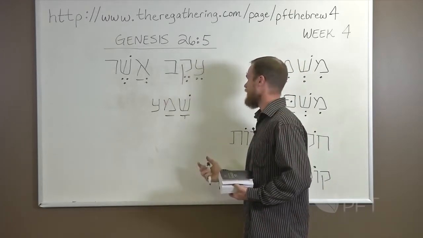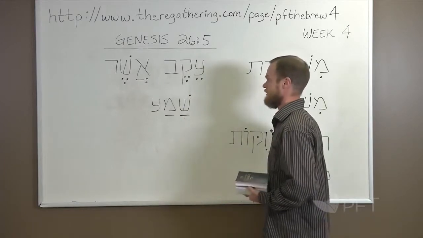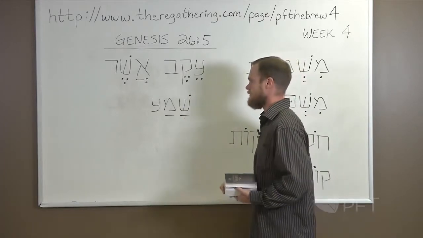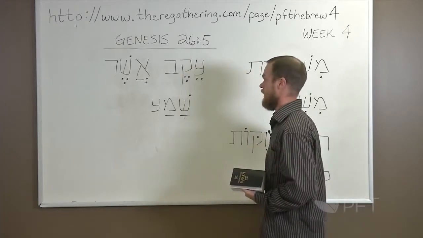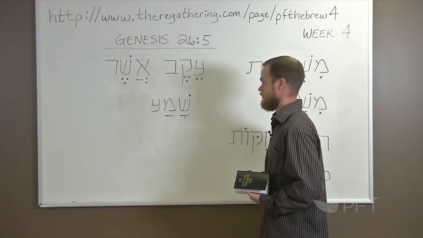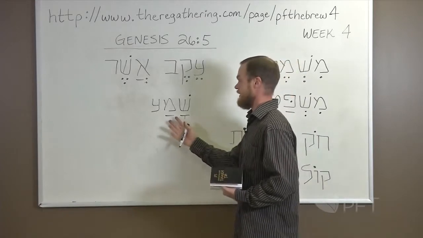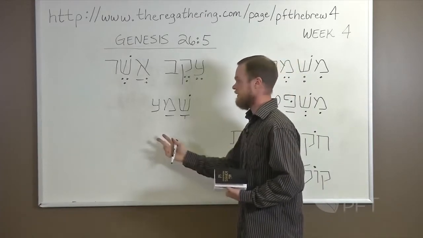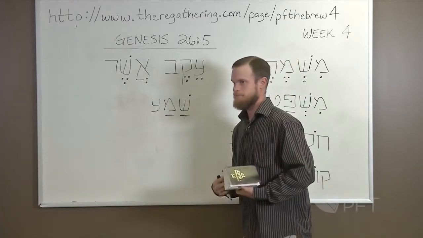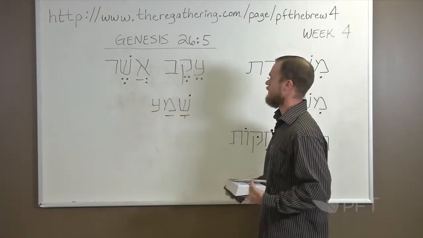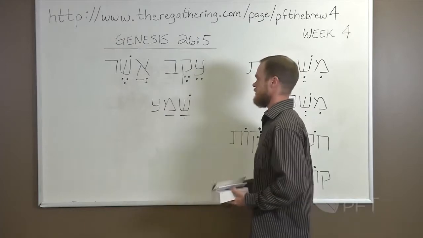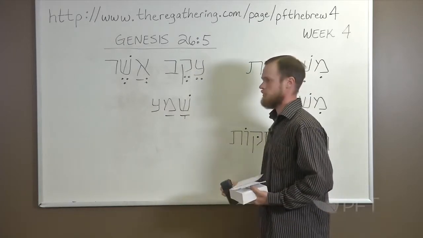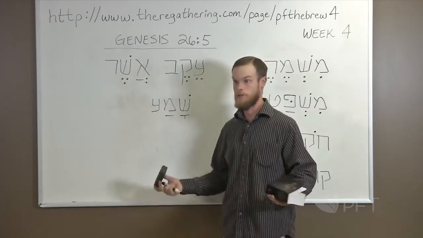Okay? Kametz Patach is a pattern that you'll see time and again. It's the most common verb pattern. So this would mean he did whatever this verb means. Okay? So because that, and Shamang, this is same thing we see in Deuteronomy 6, hear or listen.